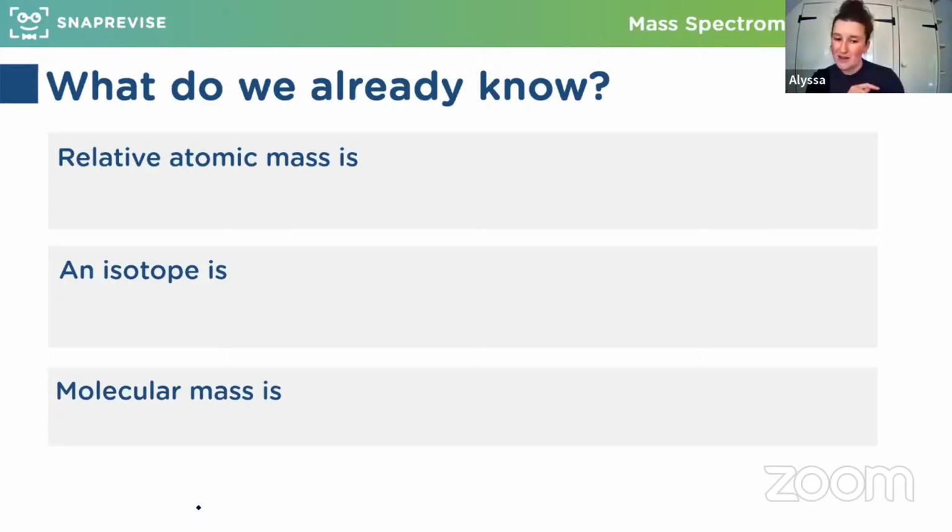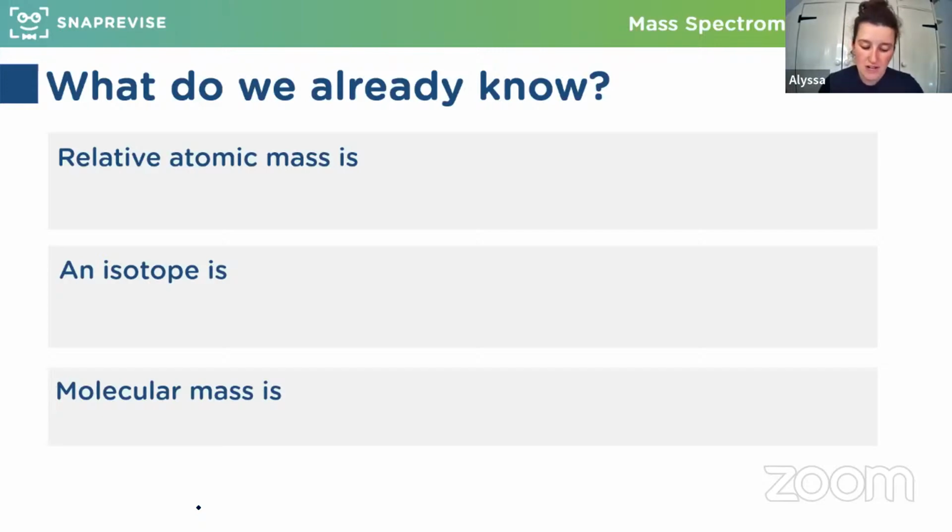Absolutely brilliant. We've got some great answers in the comments. Very specifically, it is the mass of an atom compared to 1/12 the mass of a carbon atom. It's also the average or mean mass of an atom compared to 1/12 the mass of carbon-12.